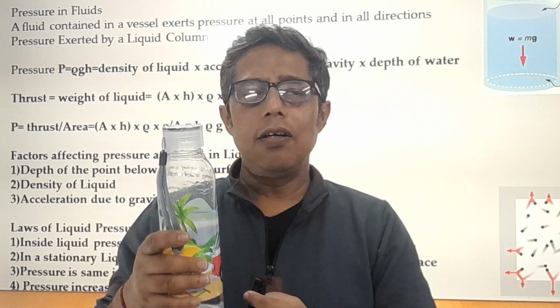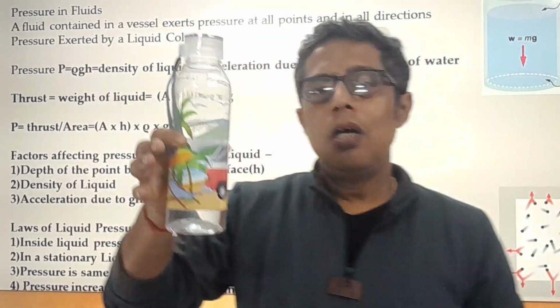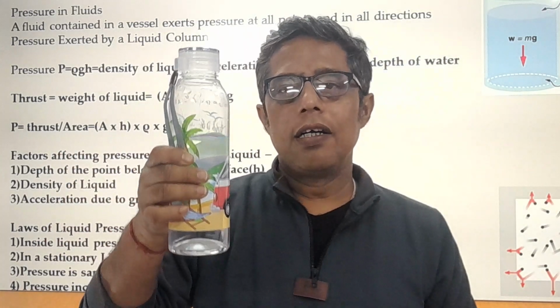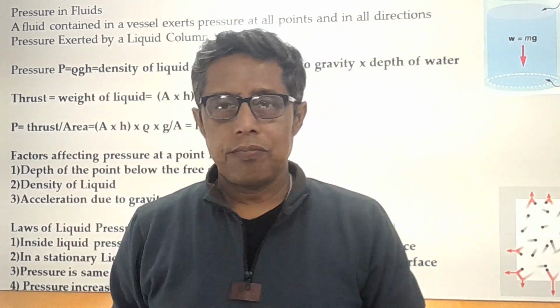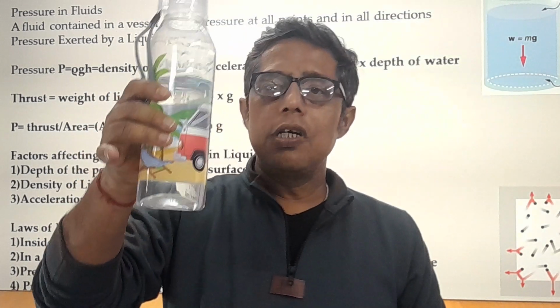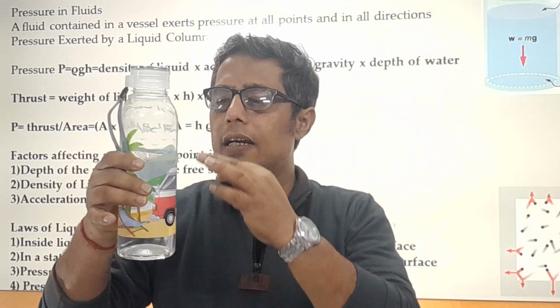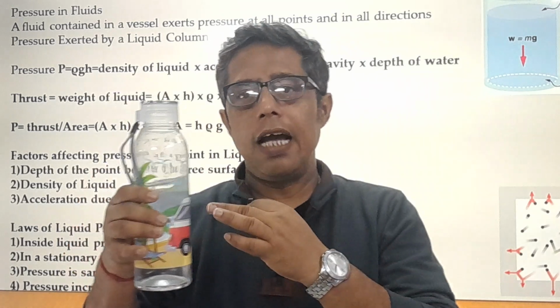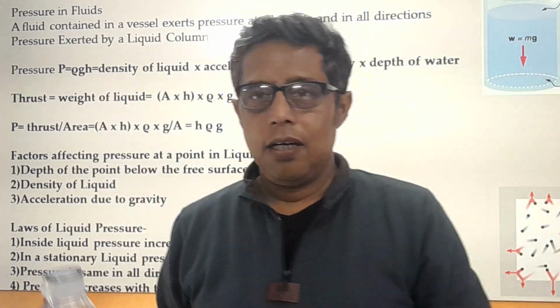What is that? The actual weight of this body will be equal to the weight of the displaced liquid, the displacement done by this object which is floating. Whenever the object is floating, it is displacing some liquid or water, right? So that displaced volume has a weight, which will be equal to the actual weight of this object.